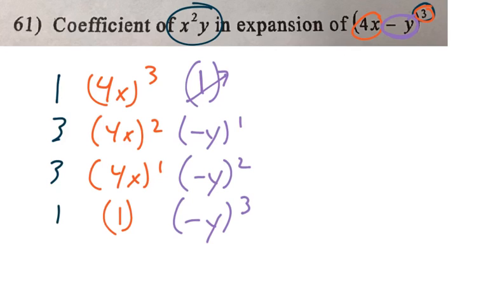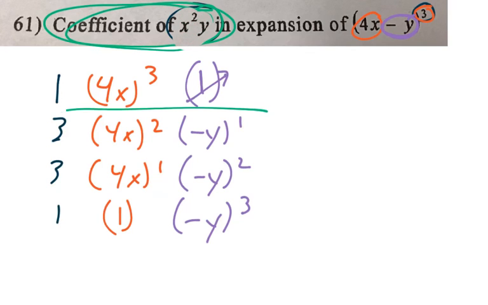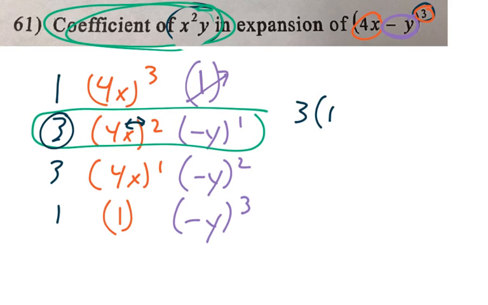And let's get to our answer. They want the coefficient of x squared y right there. X squared y. Well, x squared y should be right here, right? Let's see what we got here. We got a 3, of course, times a 4 squared is 16. We have an x squared. See, here's where you get tricked if you're not careful.